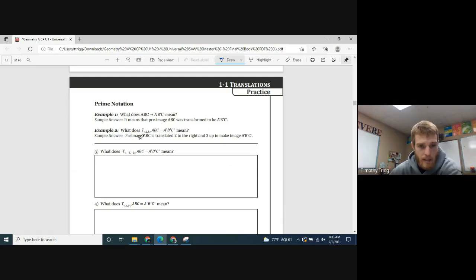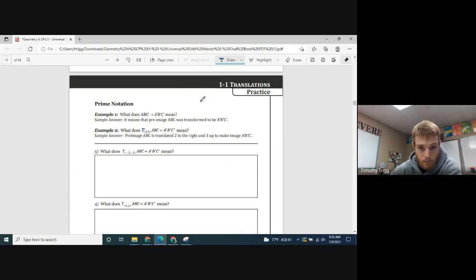This means that the pre-image, which is triangle ABC, is translated. The capital T tells you translation. These two numbers, the 2 and the 3, tell you how you're moving the object. In this case, 2, 3 means we're going to move 2 to the right and 3 up.